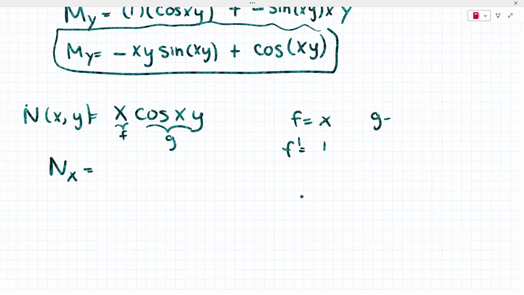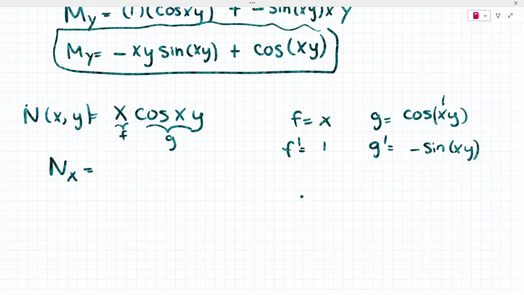Our g is cosine of xy. The derivative g prime in respect to x is negative sin of xy, and then you take the chain rule and take the derivative of the inner parentheses in respect to x.